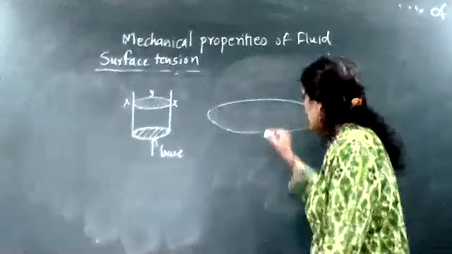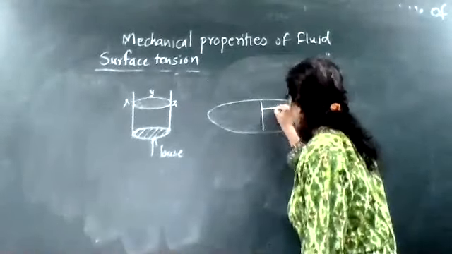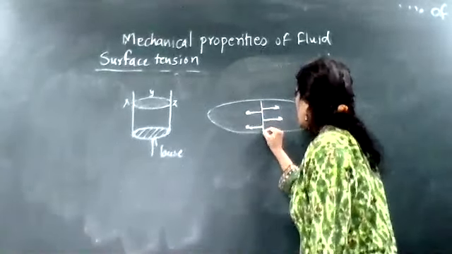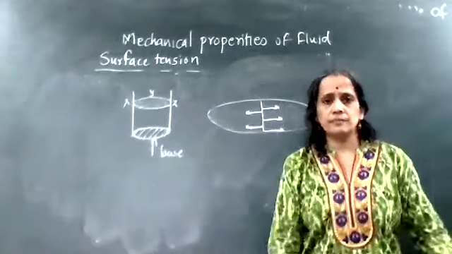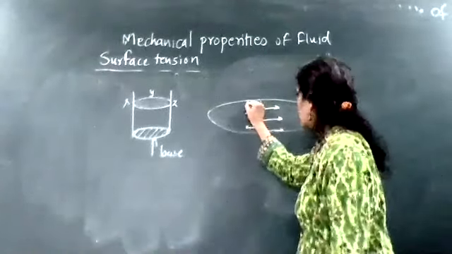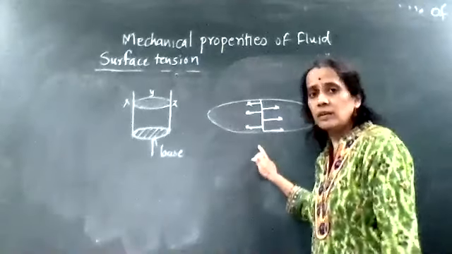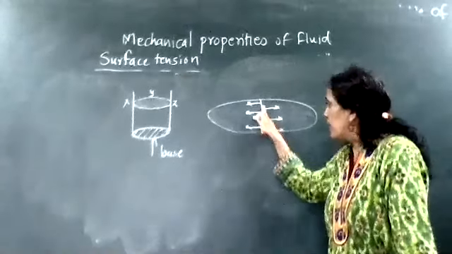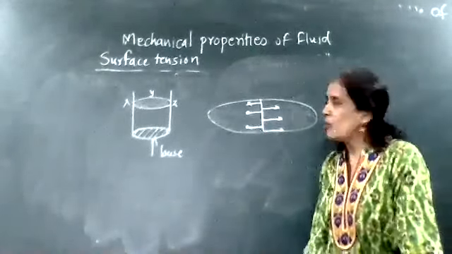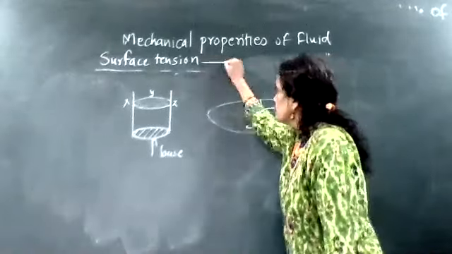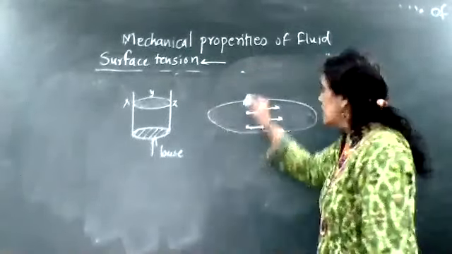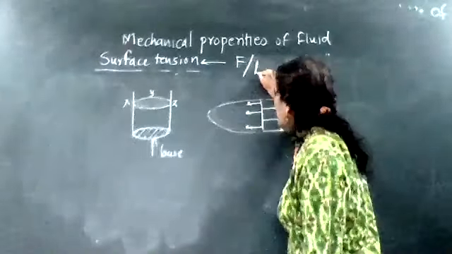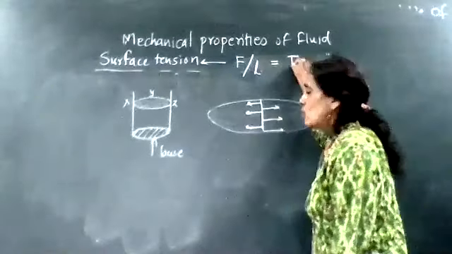Over this surface, a tangential force acts along the length of the surface. The tangential force acting per unit perpendicular length is called the surface tension. So surface tension is the tangential force acting per unit length.